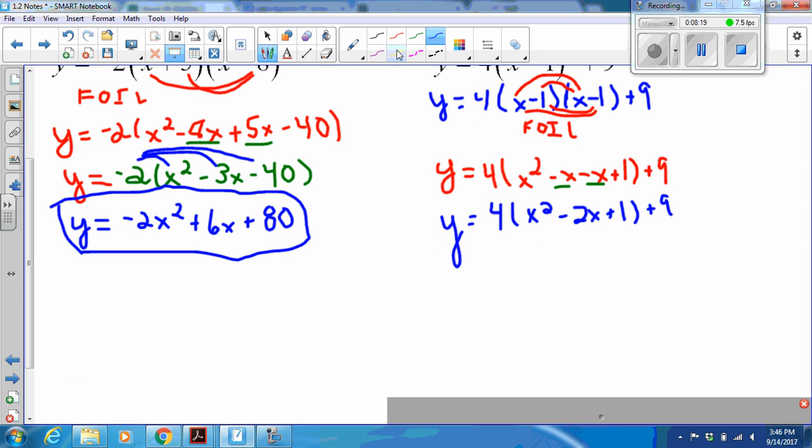Now we need to distribute the 4 to everything inside the parentheses: the x squared, the negative 2x, and the 1. So y equals 4x squared, and 4 times negative 2x gives negative 8x, and the 4 to the 1 is plus 4, and then we have plus 9.